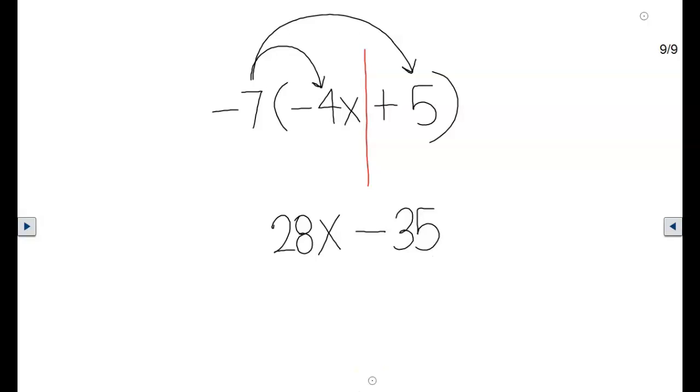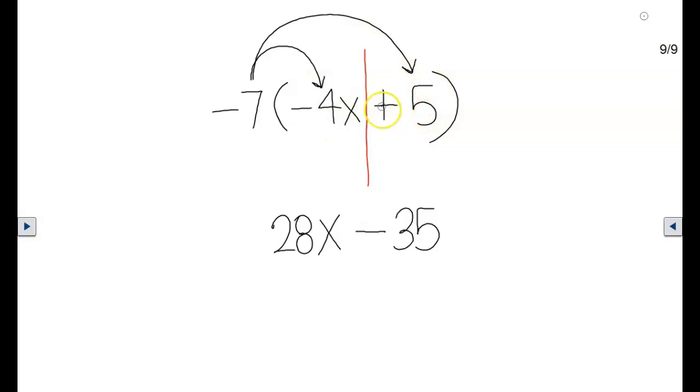So to recap, still distributive is working the same way. So we haven't changed a thing. But what we're doing is changing the way we go about getting these answers. We are no longer grabbing the sign and writing it down here. What we're doing instead is dividing our group into the two members. So negative 4x, draw that line.